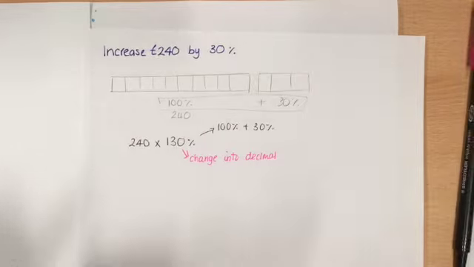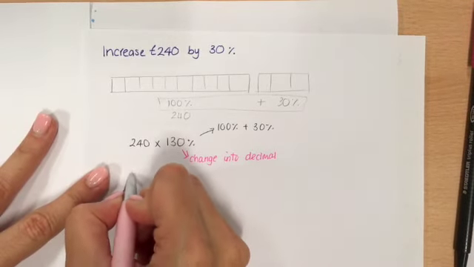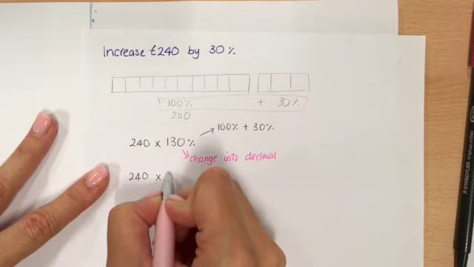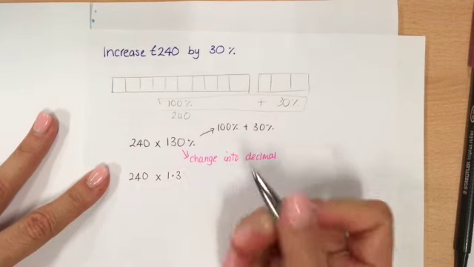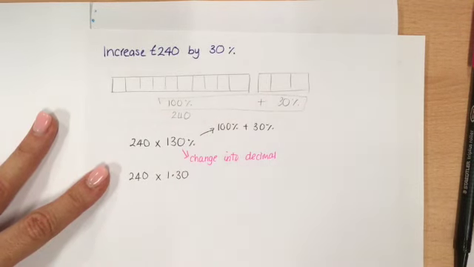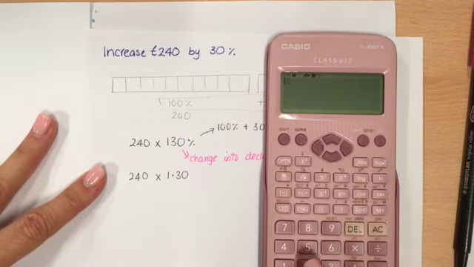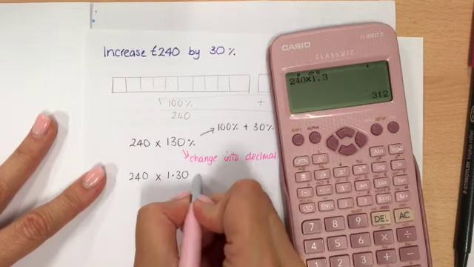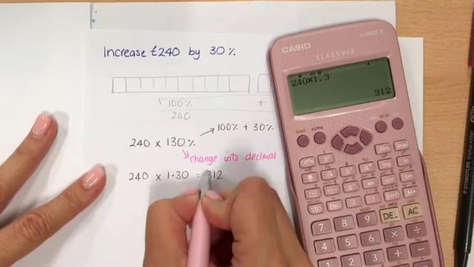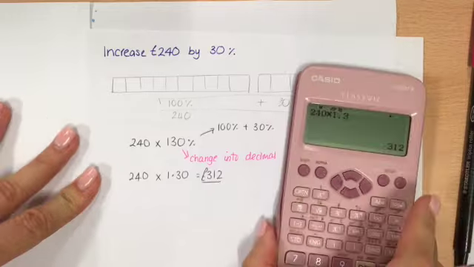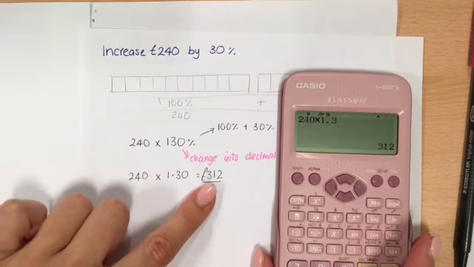To change it into a decimal, we divide it by 100. So it's going to be 240 multiplied by 1.30. If you want to put the 0 in, it doesn't matter. So 240 times 1.3 gives me my answer of 312. So increasing 240 by 30% would be £312.